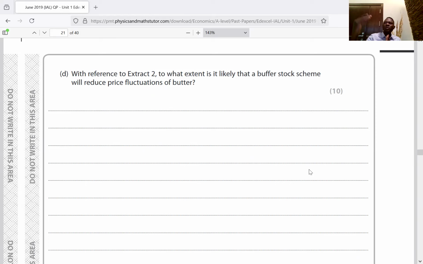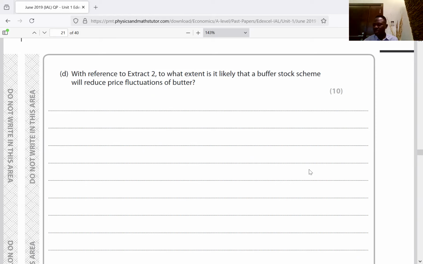If it's below the minimum price, government would have to buy so that the wastage would reduce. So maximum means shortage, minimum means excess. Both excess and shortage have to be corrected or stabilized by government.